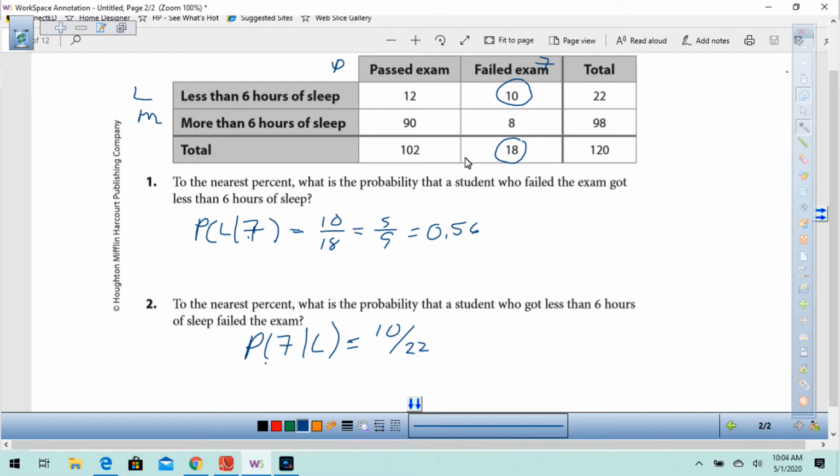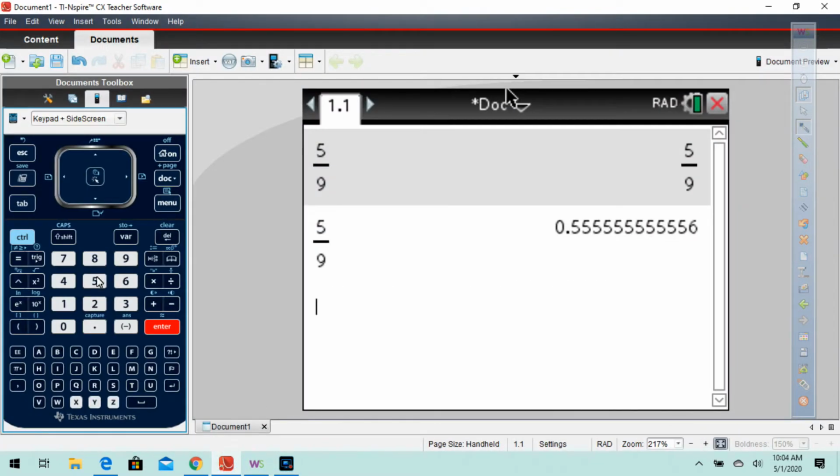Notice the difference. Number 1 was this column here, and then number 2 was that row there. Notice the subtlety of the English language. That's 5 over 11. 5 divided by 11.